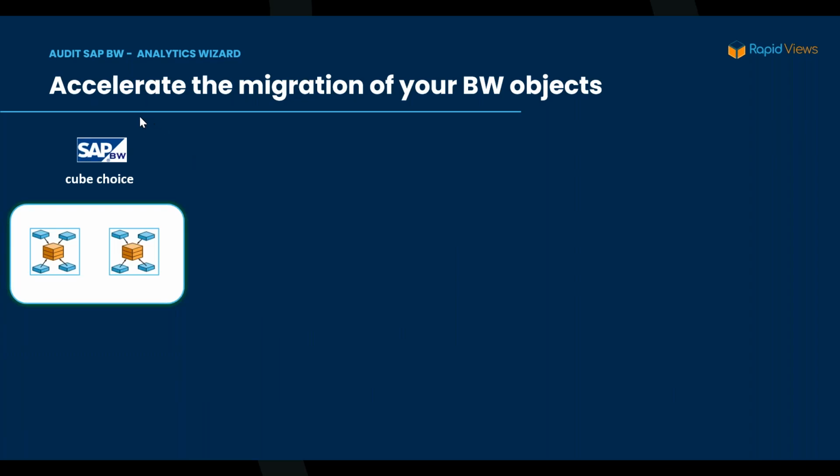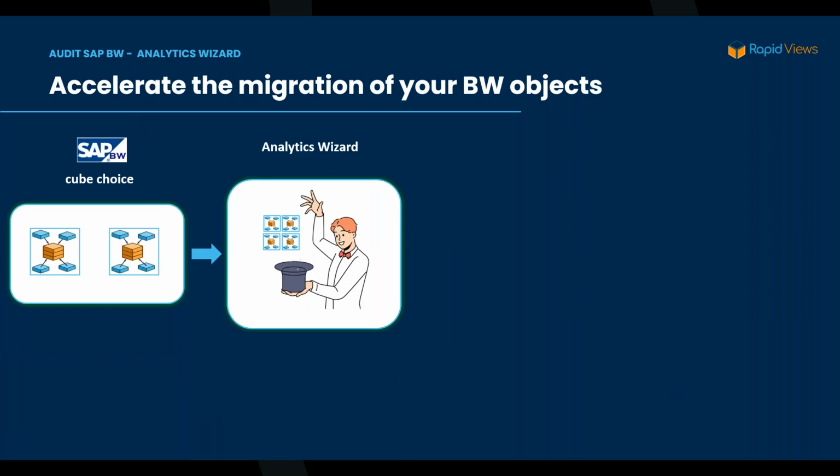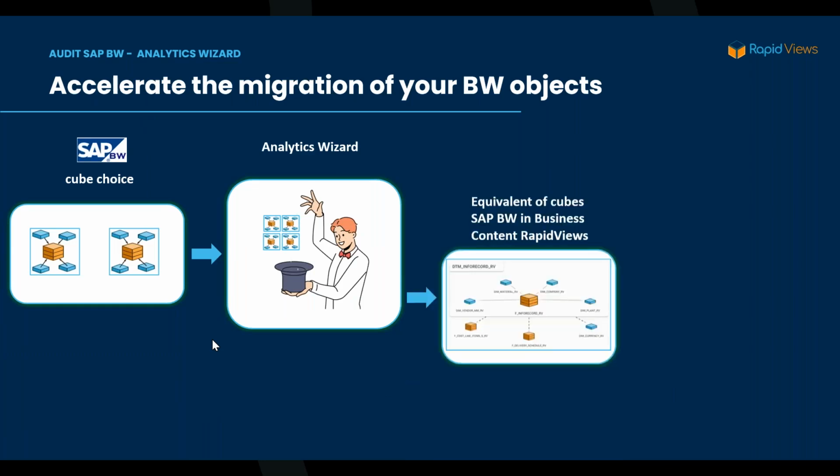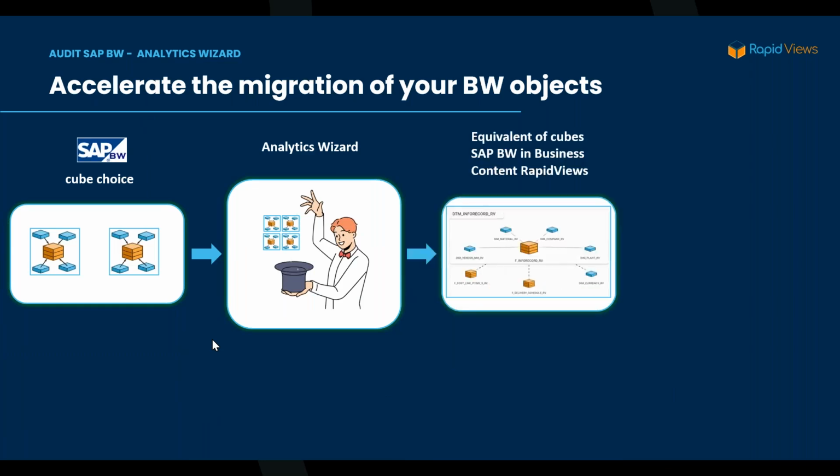What you can do with that? You will select an SAP BW cube. So you have imported all your BW environments, so you can select a BEX or a BW cube. You drag and drop it into the analytics wizard, and this analytics wizard will show you the equivalent of SAP BW business content in RapidViews.